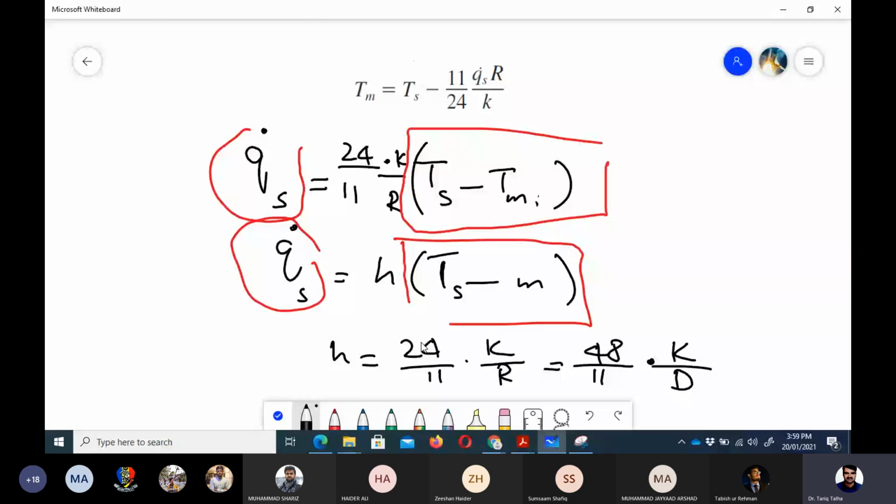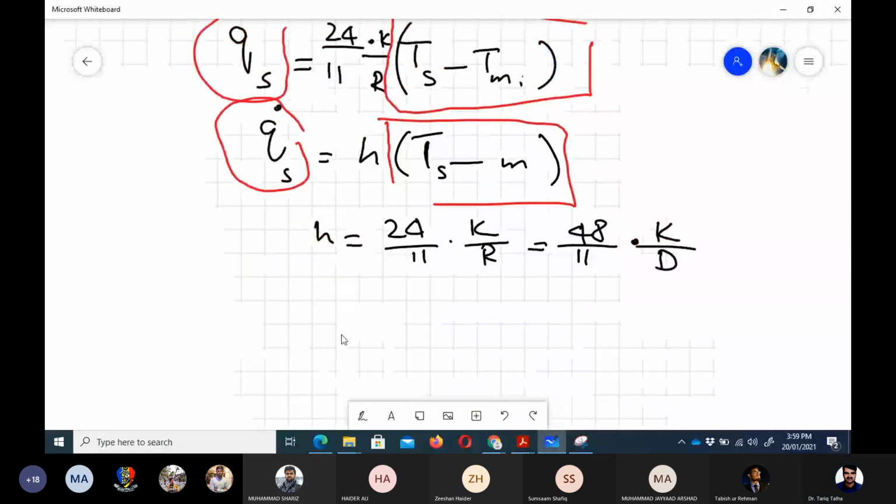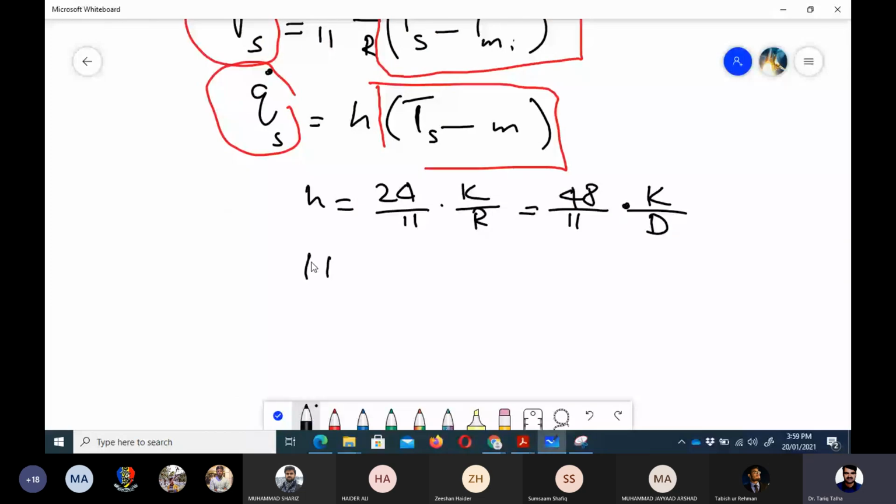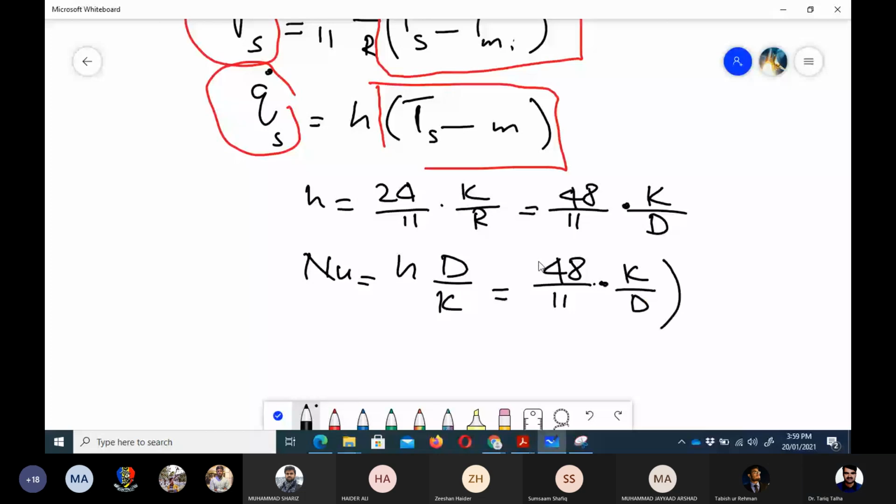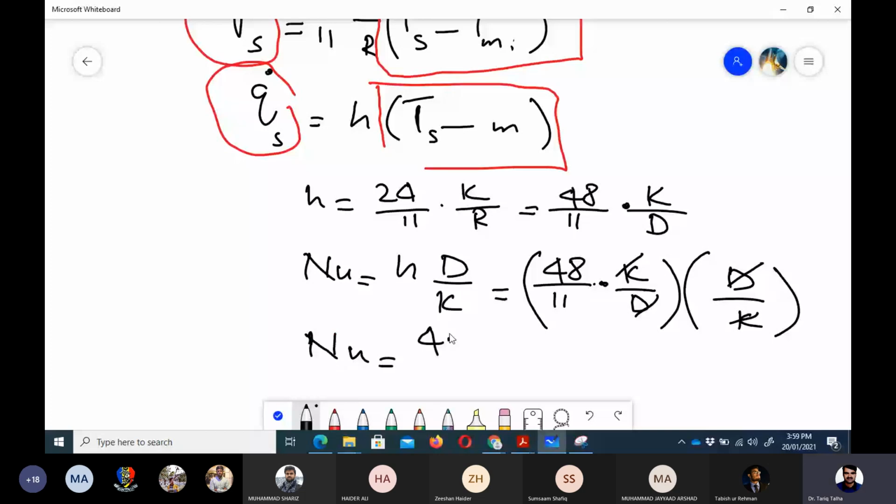Now if we want to calculate the Nusselt number, the formula is h D upon k. If we put 48 by 11 k upon D instead of h, the k and D cancel, and the Nusselt number becomes equal to 48 by 11, which simplifies to something like 4.32.